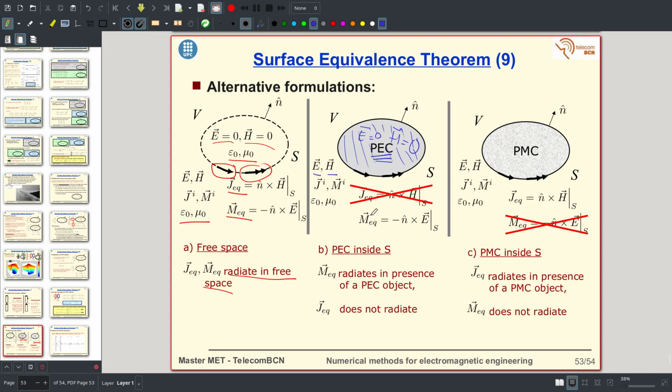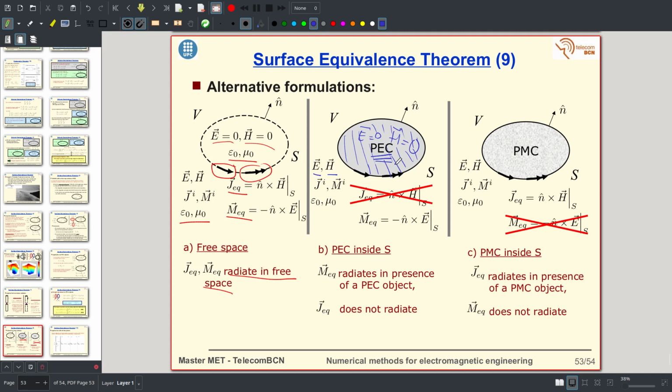The equivalent currents are the same, but now they radiate not in free space, but in the presence of a perfect electric conductor. And remember that when analyzing the case of antennas, I told you that the electric current in the surface of a perfect electric conductor does not radiate because the power balance is zero.